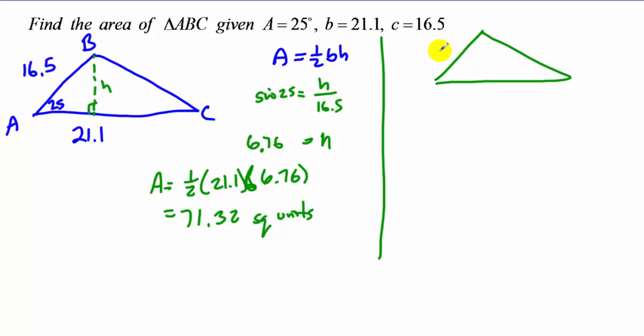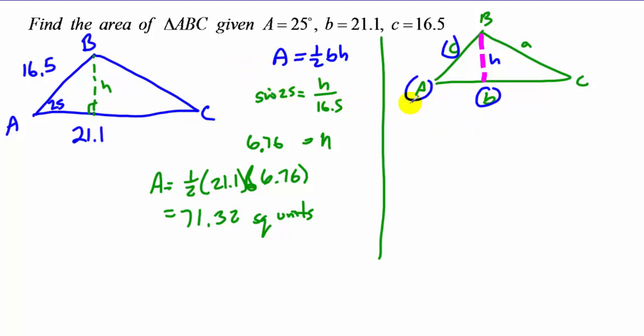So let's say, once again, A, B, C, and this is little c, this is little b, and this is A. Again, we'd have to drop an altitude like so, and once we drop that altitude, we could say this is our height, and I'm given A, C, and B, and I want to basically calculate 1/2 base times height, which is what I did in the last problem.